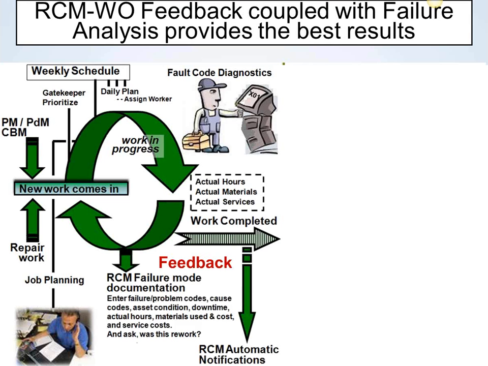Now, it is during this completion phase when the data, in this case feedback, is very important that we get from the trades. And the RCM extension here that we're discussing helps automate that data capture, review, refinement process.